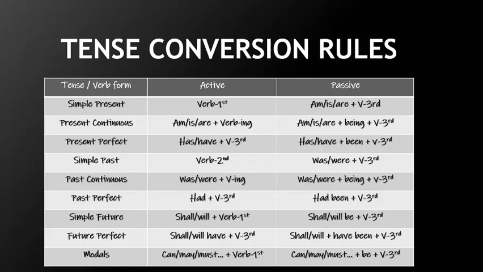The same set applies with simple past tense. Here we are using the second form of the verb, which is the past form. And when we are making it passive, when we are using the same verb in a passive way, we are bringing the be verbs was or were, and then the third form of the main verb. Continuous tense, we are simply adding being along with was or were, which is already present, and the third form of the verb.